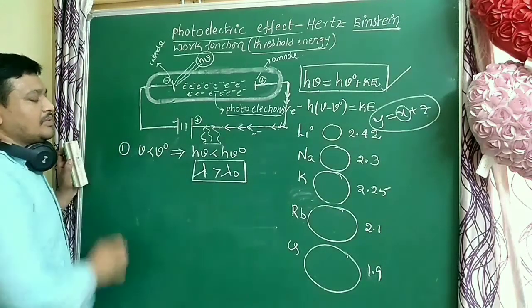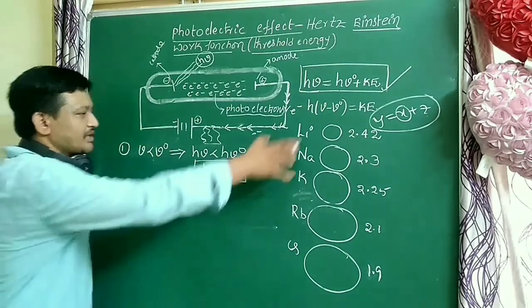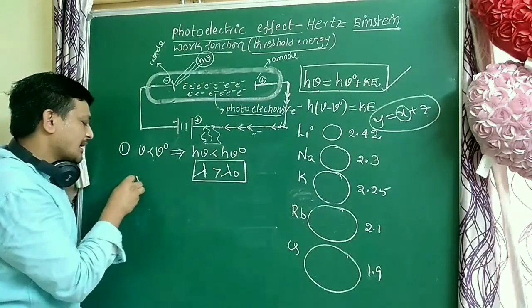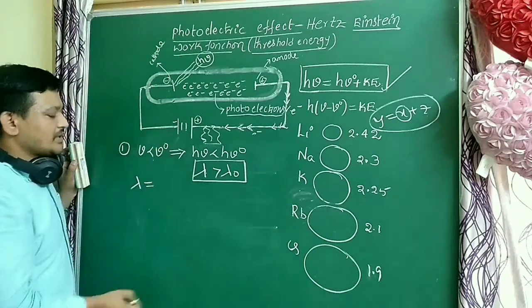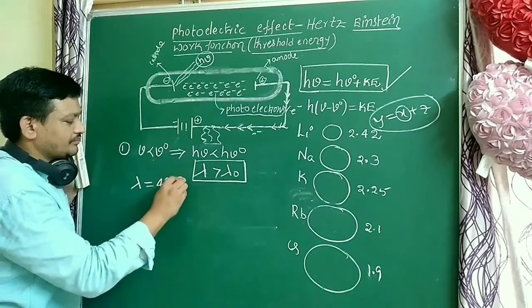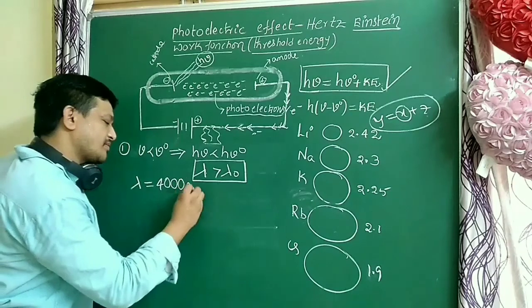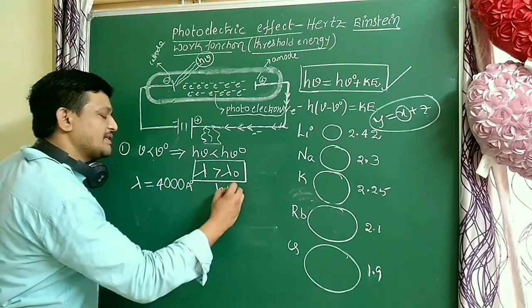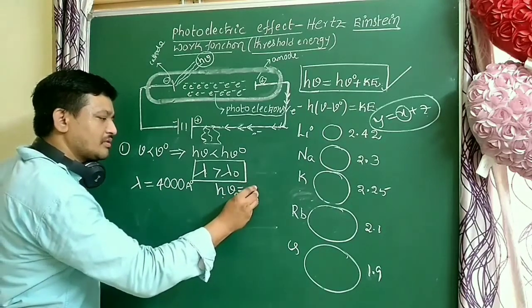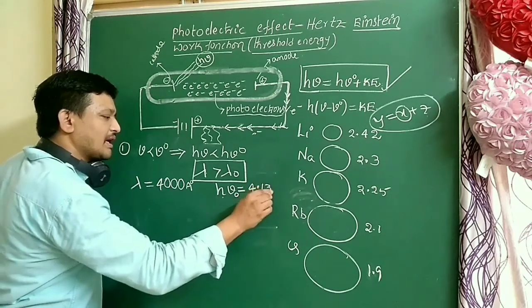For example, for this case, a problem is there. Some important problems for these metals. Here the wavelength of the light is given as 4000 angstroms, and the threshold energy h mu naught equals 4.13 electron volts.